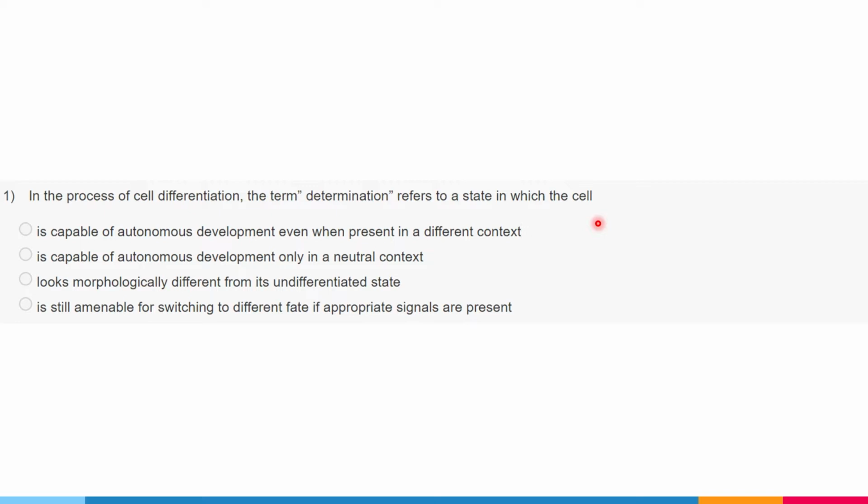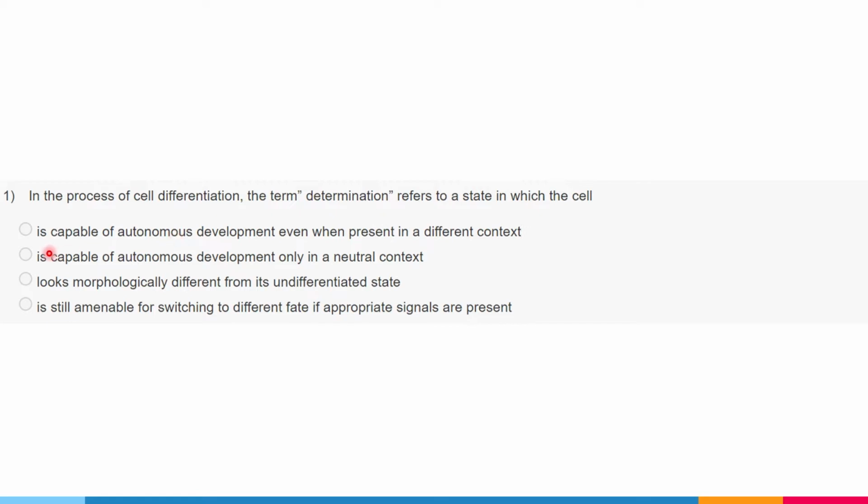It essentially has two parts. One part includes the specification stage, and the second part includes the determination stage. And the question asks if we know what exactly the determination step refers to.